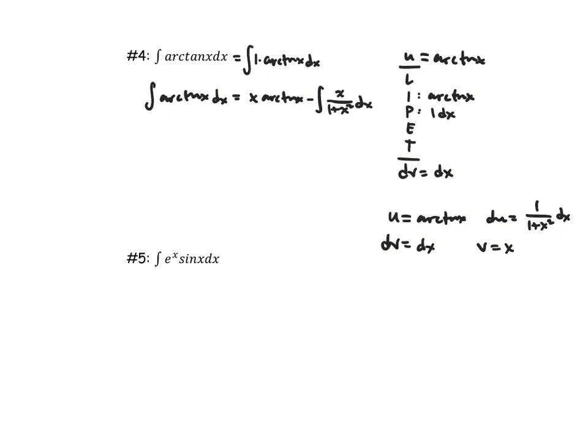Okay, now the method of integration by parts may require you at some point to use another method within it. So in order to integrate this function here, I'm going to use a u sub, and I'm going to say u equals 1 plus x squared. Therefore, du is 2x dx. Therefore, 1/2 du is equal to x dx.